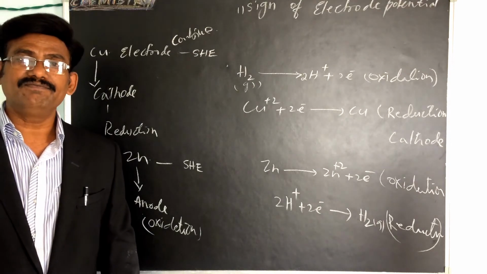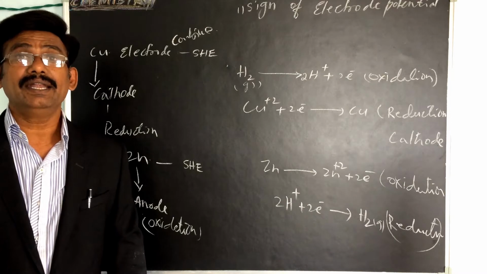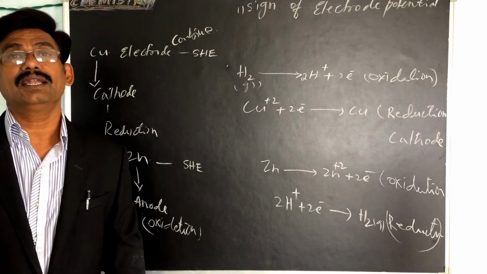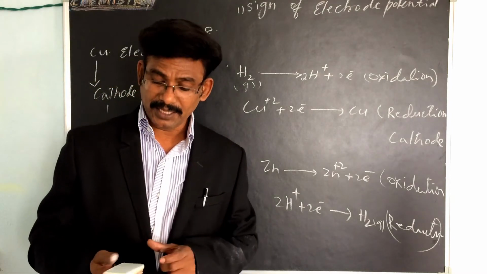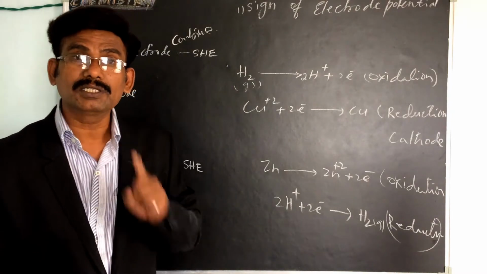Okay, the next very important topic is the Nernst equation. That is the most important derivation. This will definitely come as a 5 marks question.